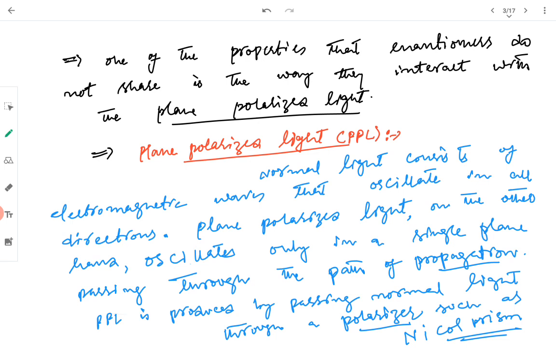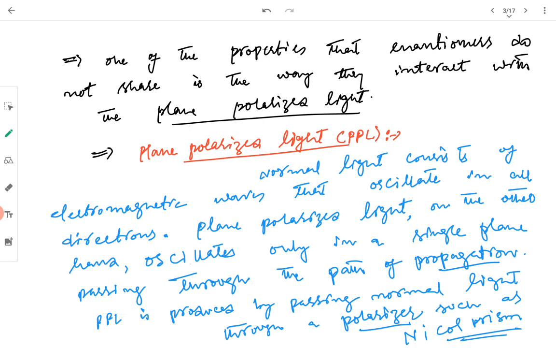Normal light consists of electromagnetic waves that oscillate in all directions, but plane polarized light oscillates only in a single plane, passing through the path of propagation. So normal light has oscillations in all possible directions, while plane polarized light has oscillation in a particular direction.